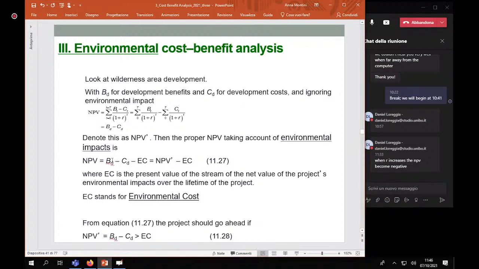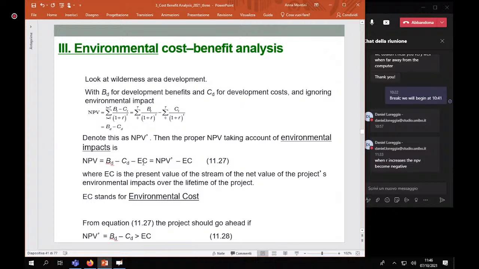With this notation, we are considering that benefit of development and cost of development are economic benefit and economic cost, in the sense of financial benefit and financial cost. Okay? Because we are considering environmental cost in a separate term.